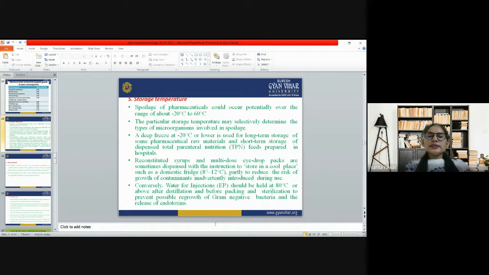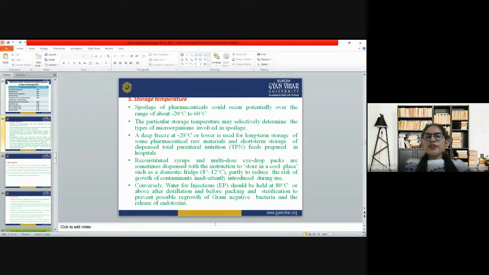Then another factor is storage temperature. Storage of pharmaceuticals could occur potentially over the range of minus 20 degrees Celsius to 60. The particular storage temperature may selectively determine the types of microorganisms involved in spoilage.